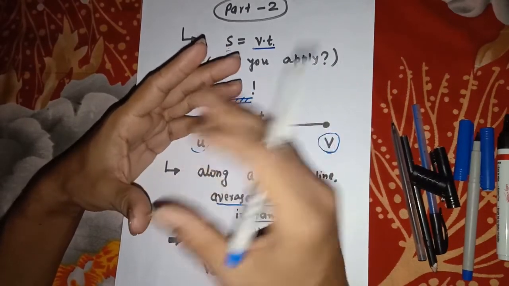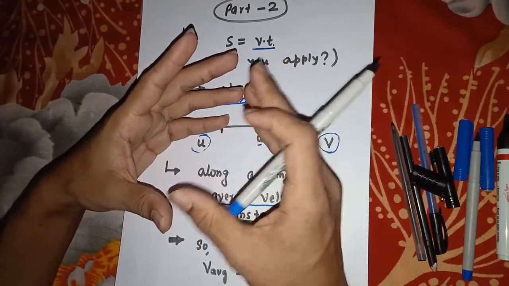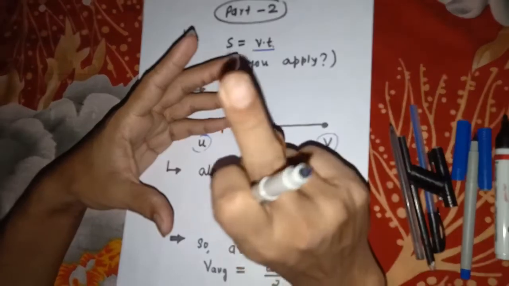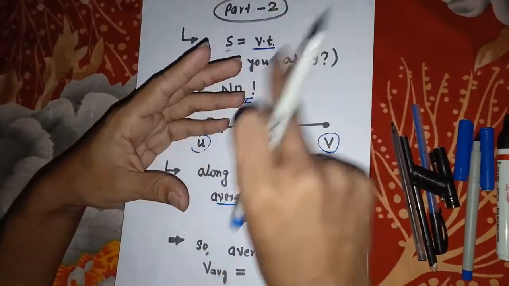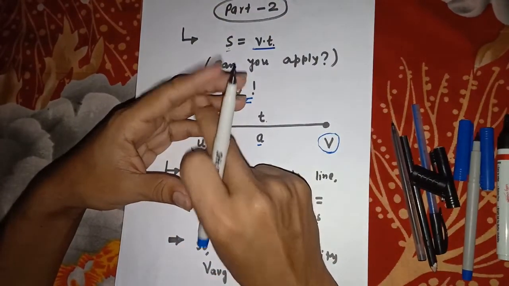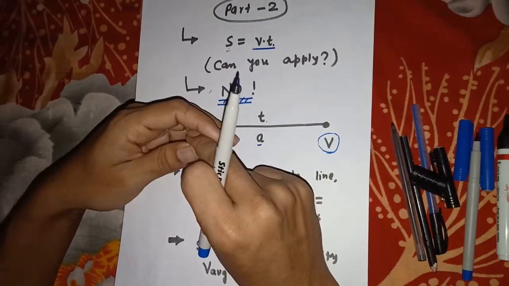Average means we have to replace all the data by a single mid-value which can represent all the data of that group. Have you got my point?